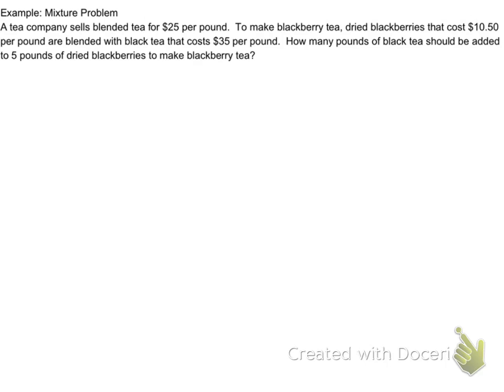But the black tea costs more at $35. So some combination of adding blackberries, which are cheaper, and the tea, which is more, start to move towards each other. Can you guys see that? Because 25 is between the 2 ends of prices.